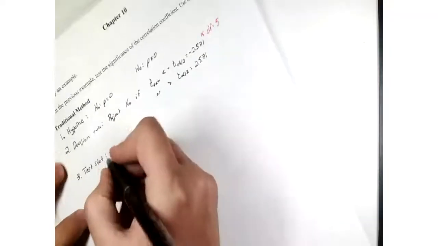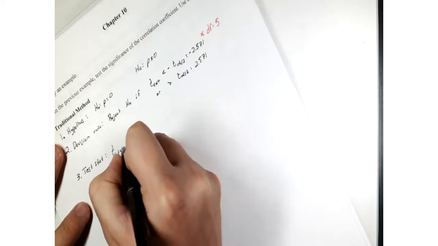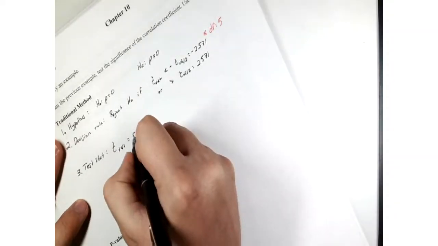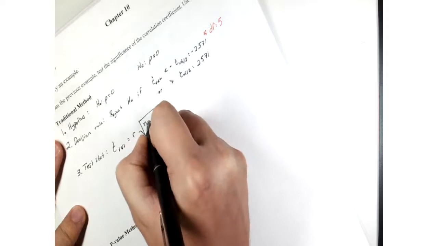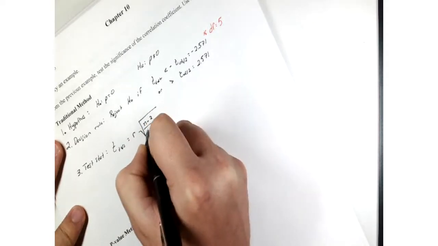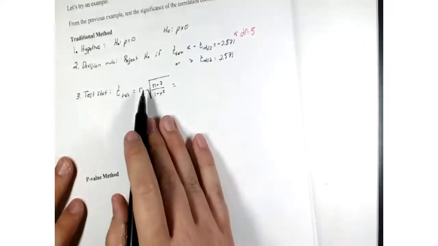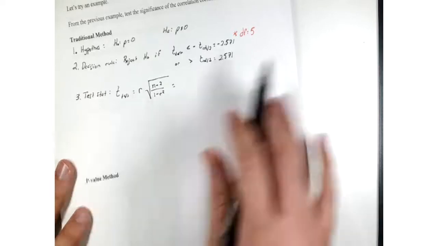The test statistic we compute is t-test equal to the sample correlation coefficient r times the square root of n minus 2 over 1 minus r squared. We have r, we found earlier. How do we get r squared? You just take that number and square it.